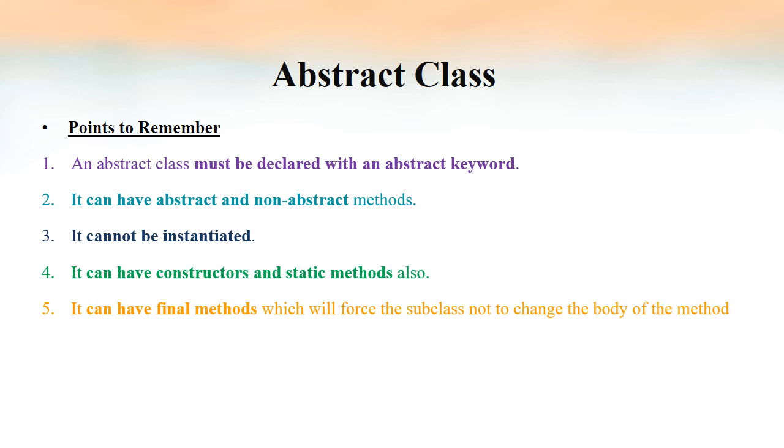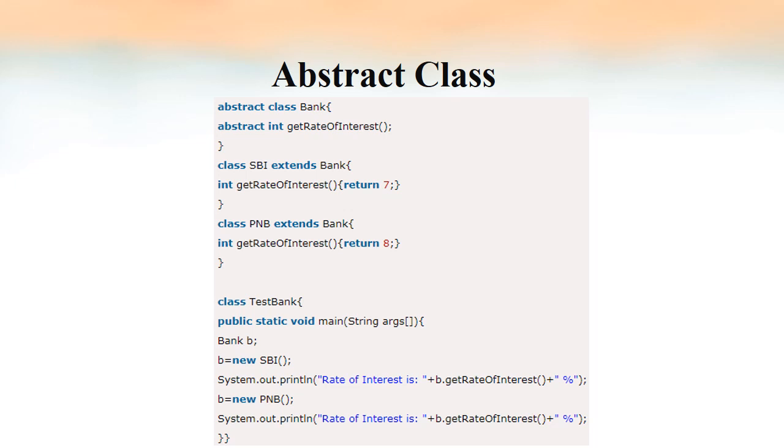So the same method written inside the parent class will be available in all the child classes. If we want to create such methods, we can declare such methods as final in the parent class. So these are the 5 points that we have to remember when we have to use abstract classes. This is an example showing the working of abstract class.